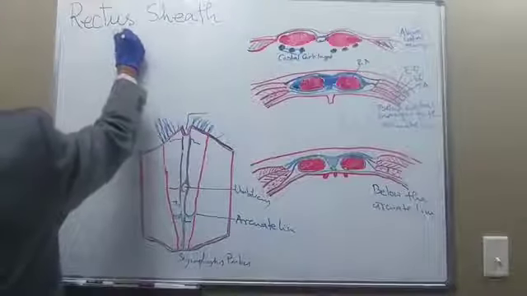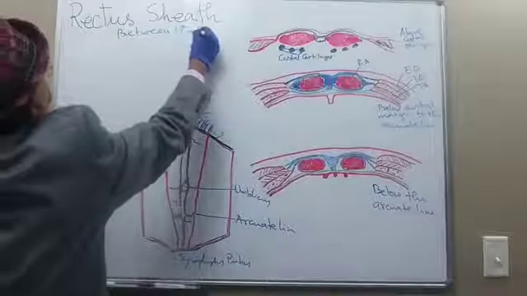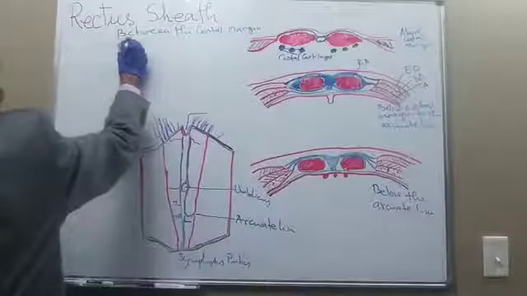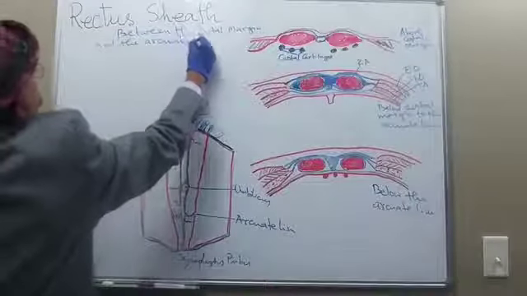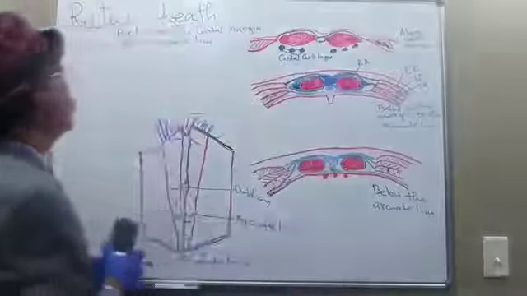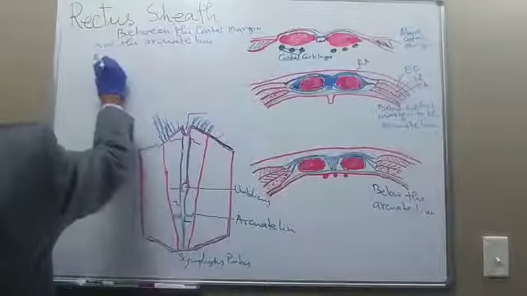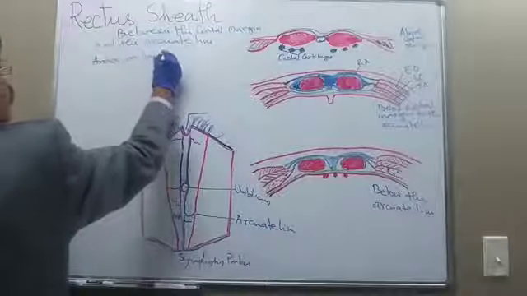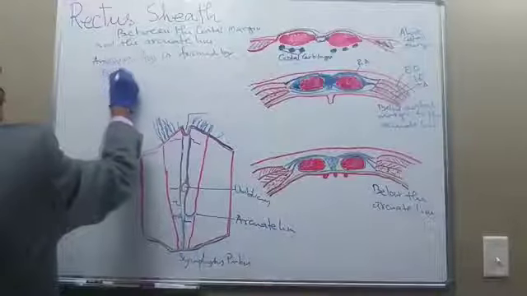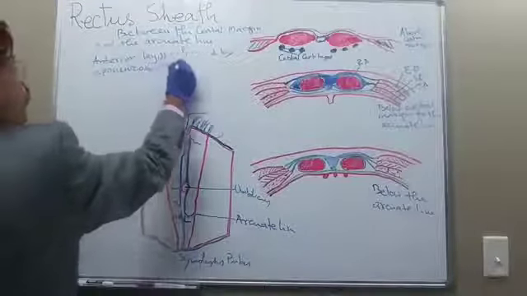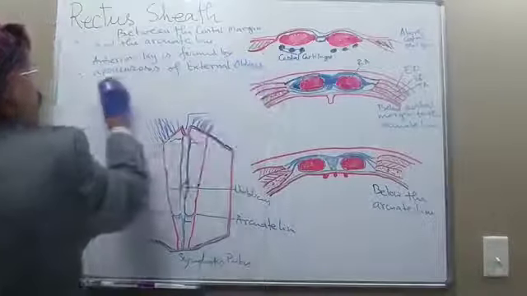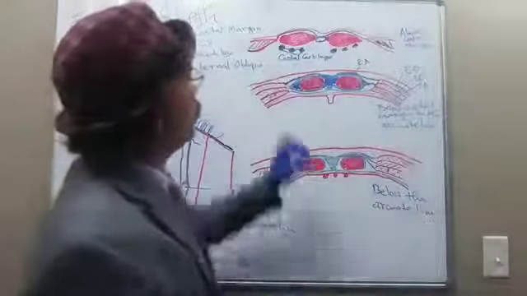Again, the anterior layer is formed by the aponeurosis of the external oblique, plus the internal oblique.